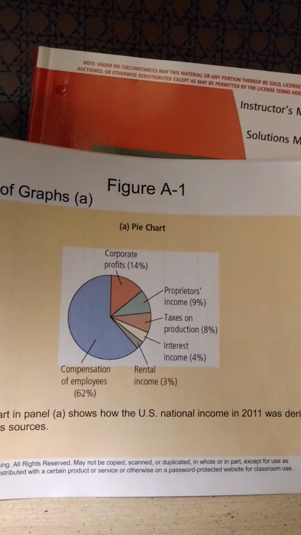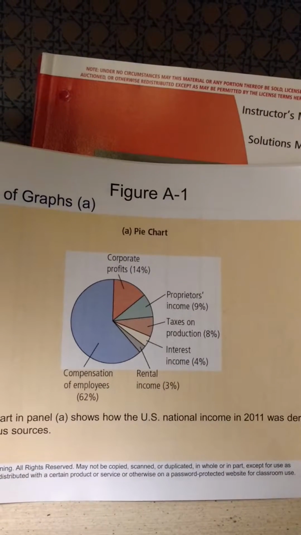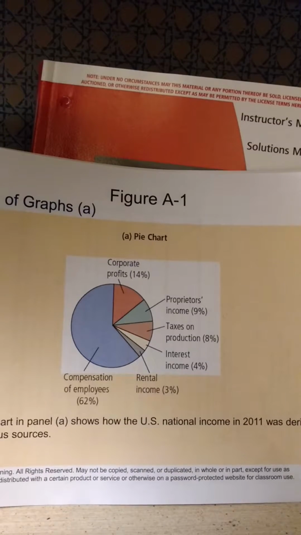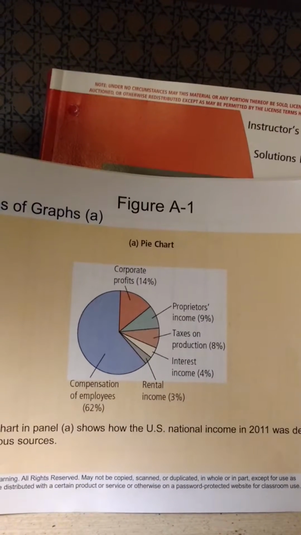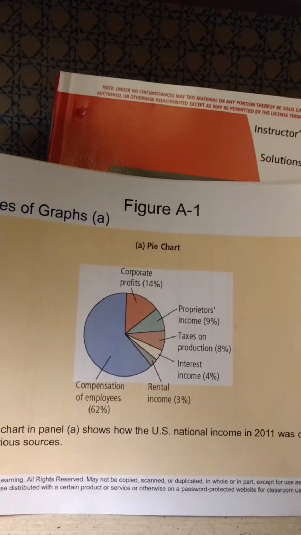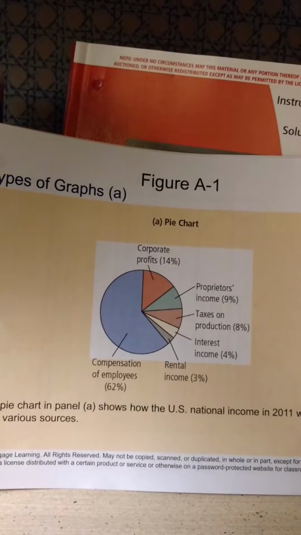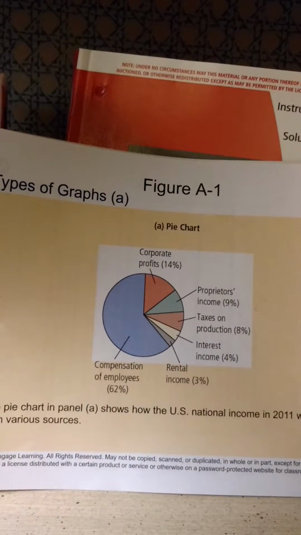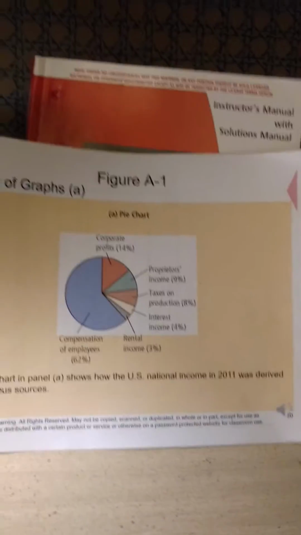A lot of times an equation is very succinct, but it can take a lot of words to express what a graph can do in a very small space. So it's just something very useful in economics. So this is an example of a pie chart that you're looking at. We're also going to look at a bar graph and time series graph, and if we have time, some coordinates.